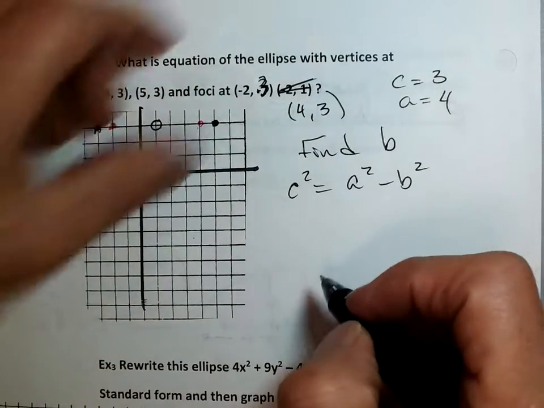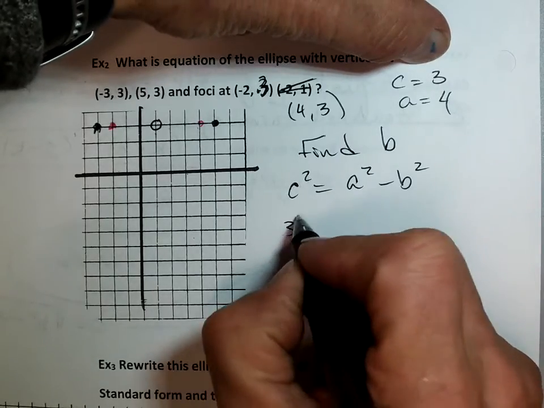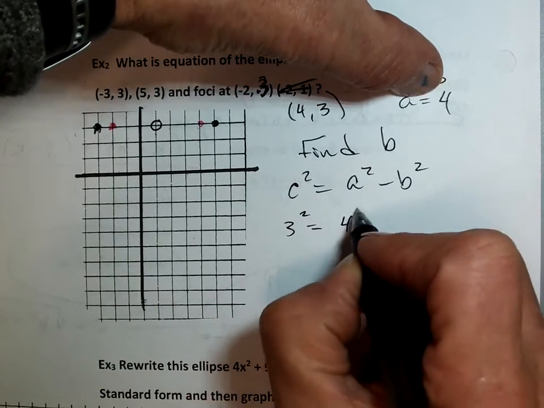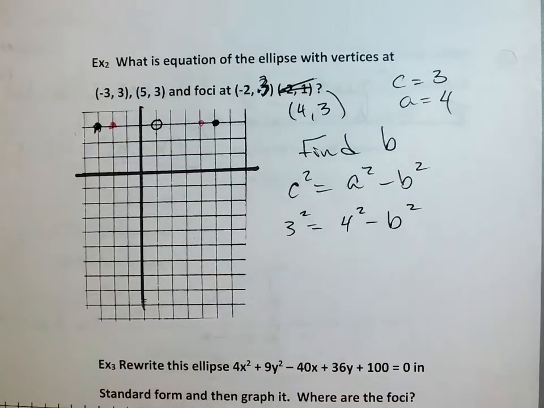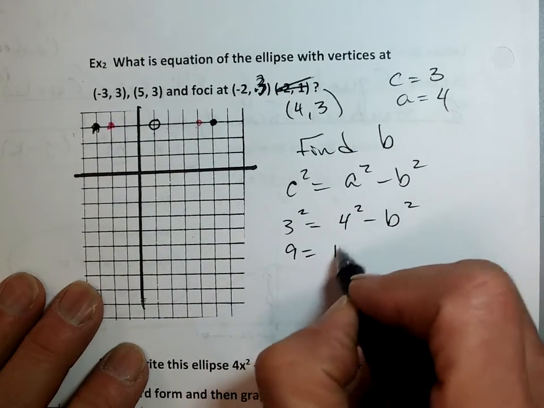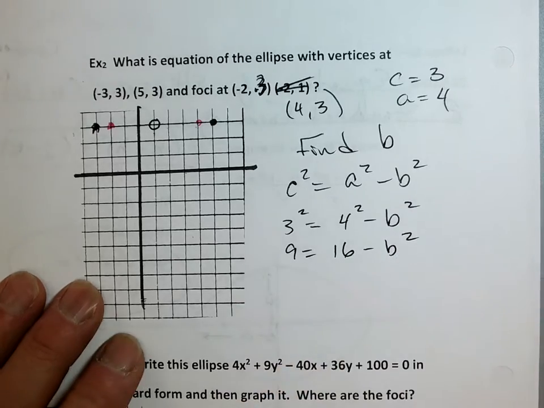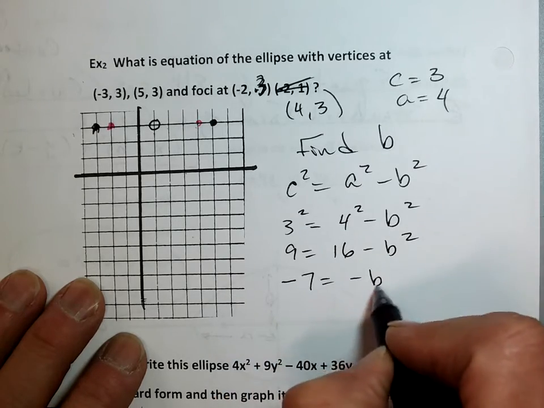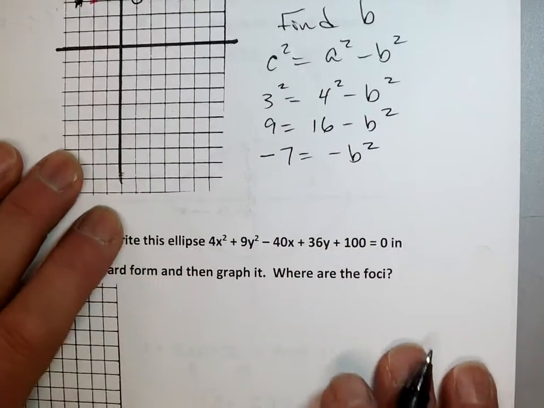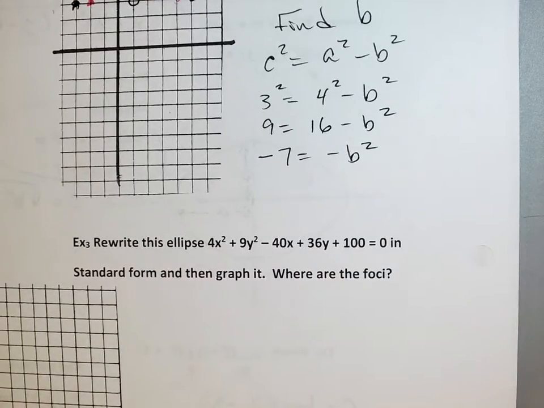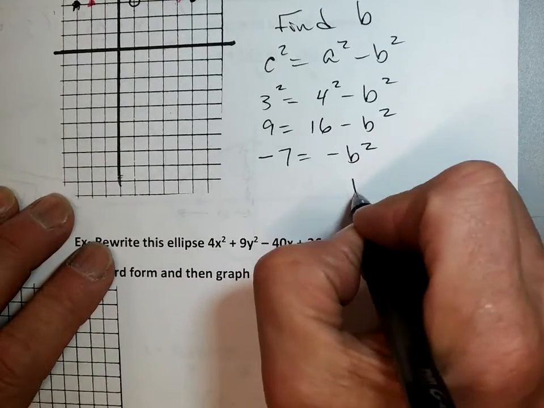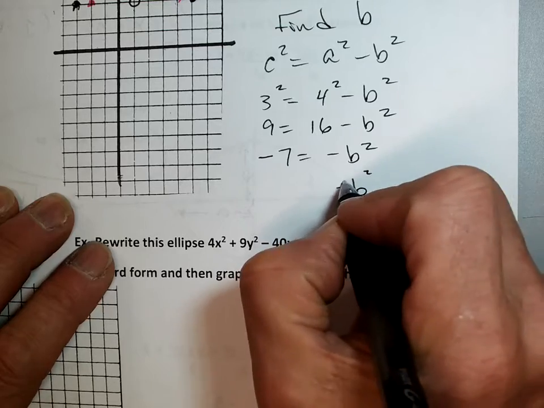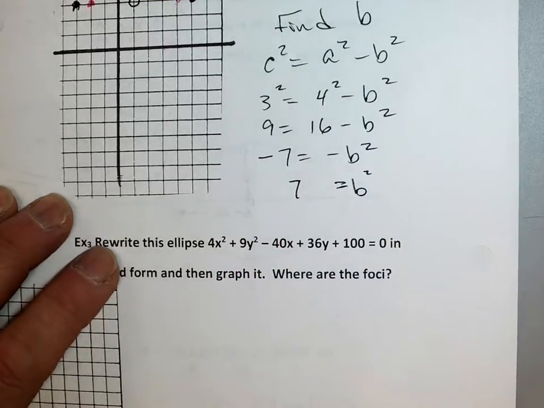So I'm going to go 3 squared equals 4 squared minus b squared, right? So I get 9 equals 16 minus b squared. Subtract 16, I'll get negative 7 equals negative b squared. That doesn't bother me because I'll get rid of the negatives, right? And I'll get b squared is equal to 7. Sky, this is going to answer your question.